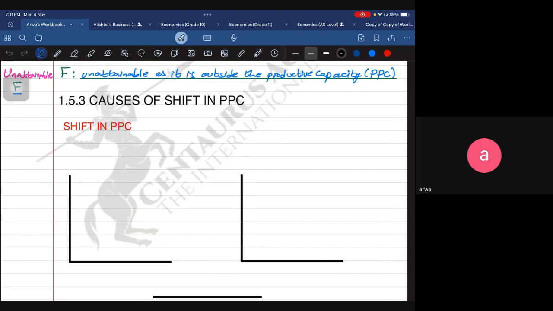Okay, let's talk about the shift in the production possibility curve. There are two types of shifts that we will be looking at here.